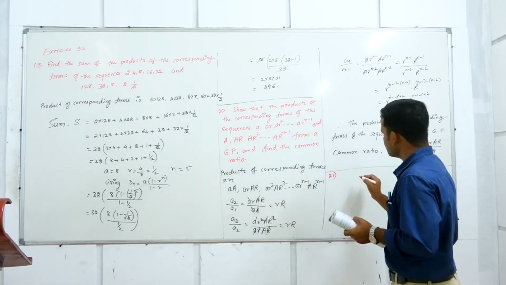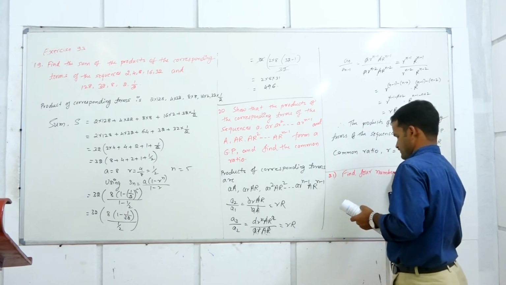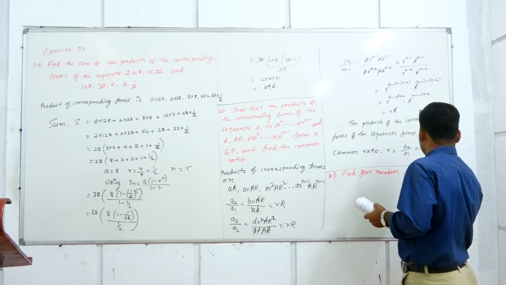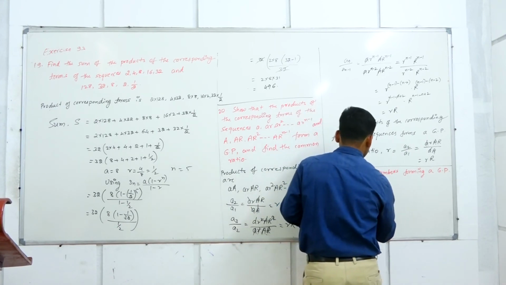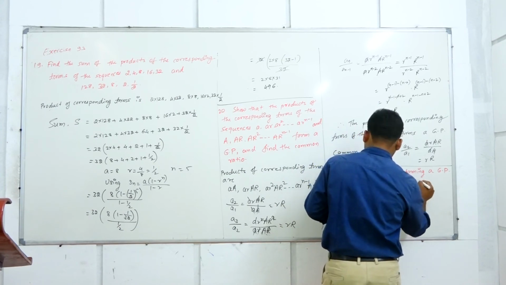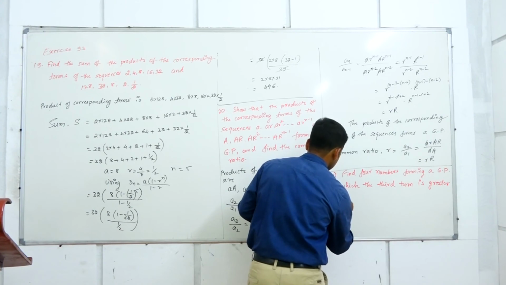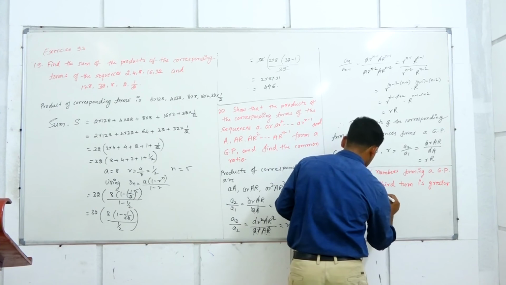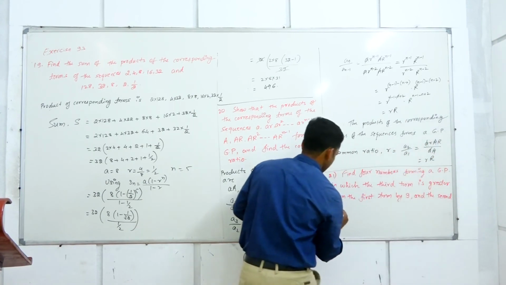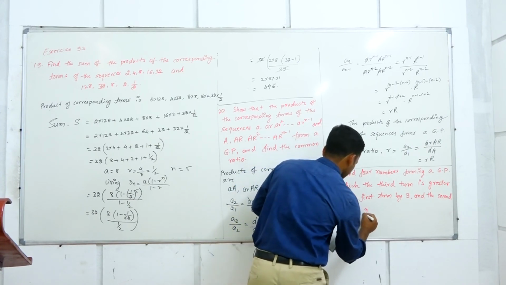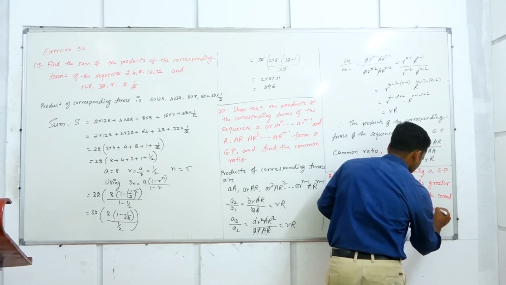Problem number 21 is: find four numbers forming a geometric progression, in which the third term is greater than the first term by 9, and the second term is greater than the fourth by 18.